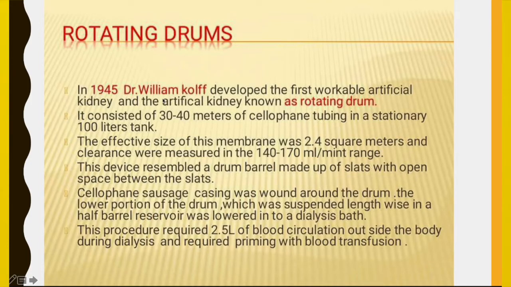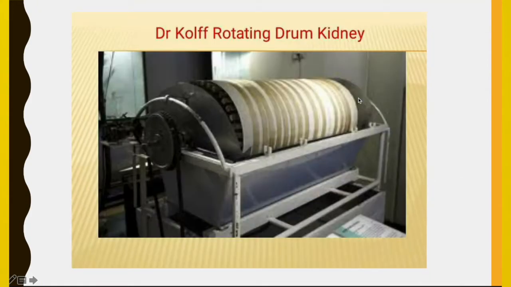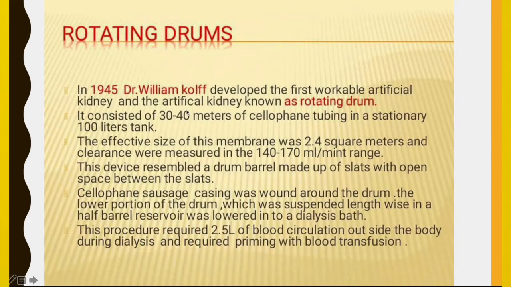Here is the brief history of this dialyzer. In 1945, Dr. William Kolff developed the first workable artificial kidney, known as the rotating drum dialyzer. It consisted of 30 to 40 meters of cellophane tubing in a stationary 100-liter tank.